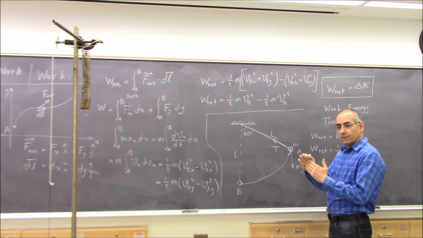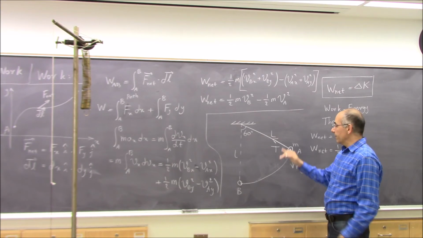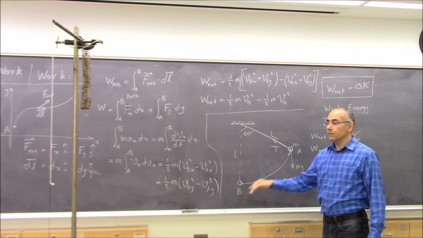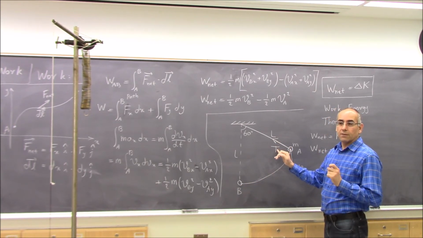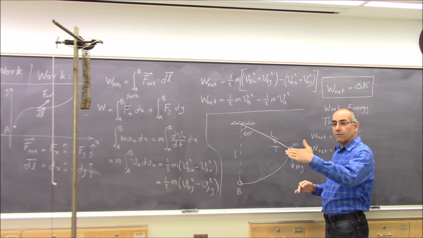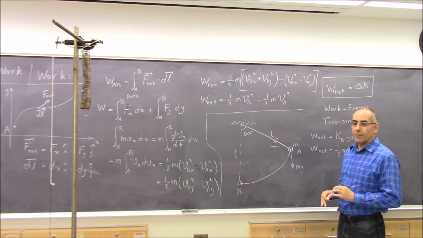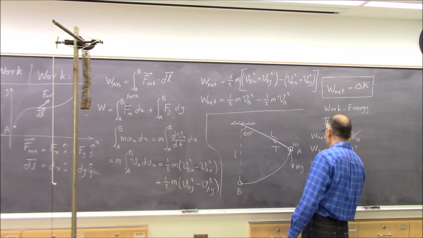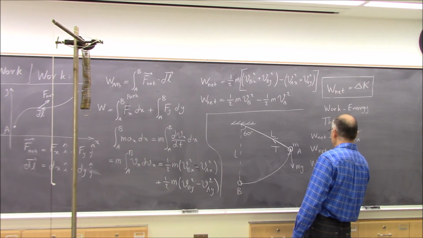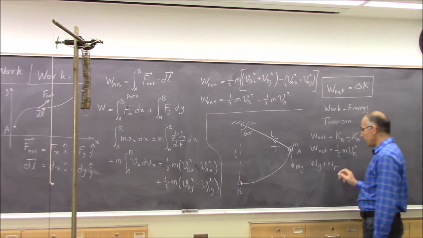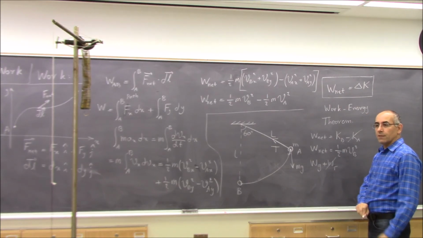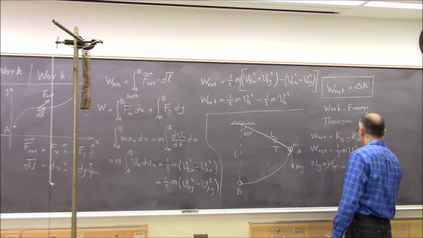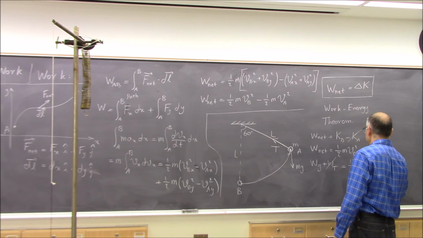T dot dl at all points is 0. So if the force stays perpendicular to the direction of motion, there's no work being done by that. So W net will be W of gravity plus W of the tension force, but this one is 0, because it's always perpendicular to dl, equal to one-half m V_B squared.